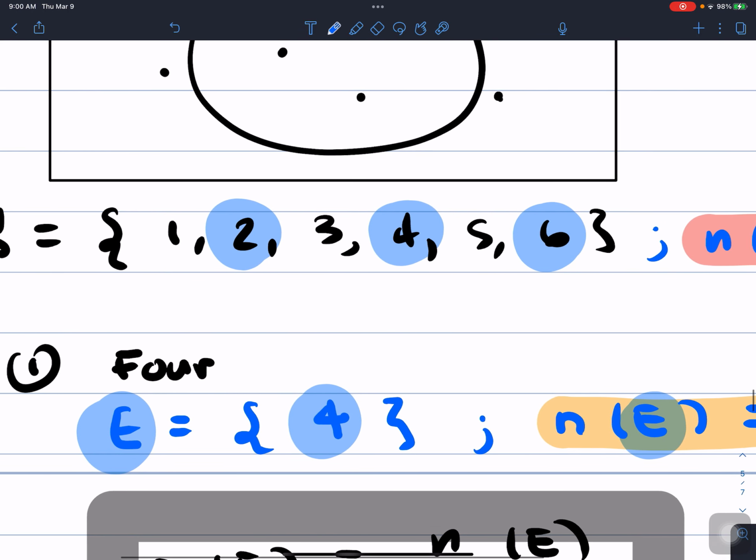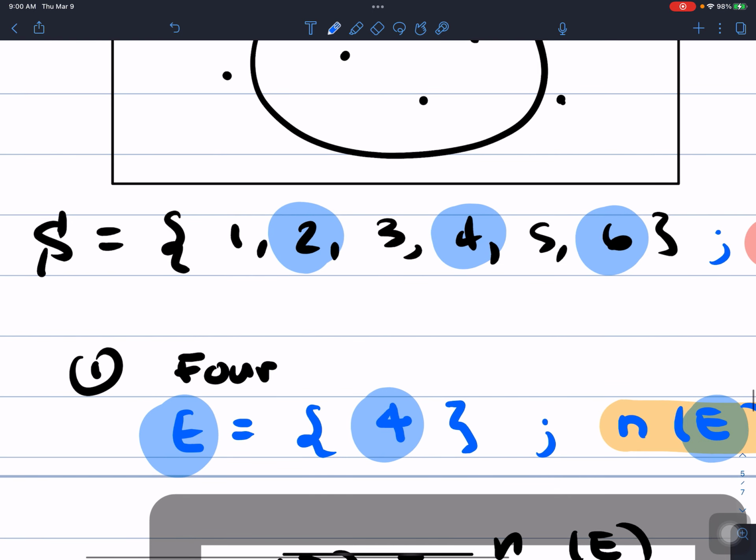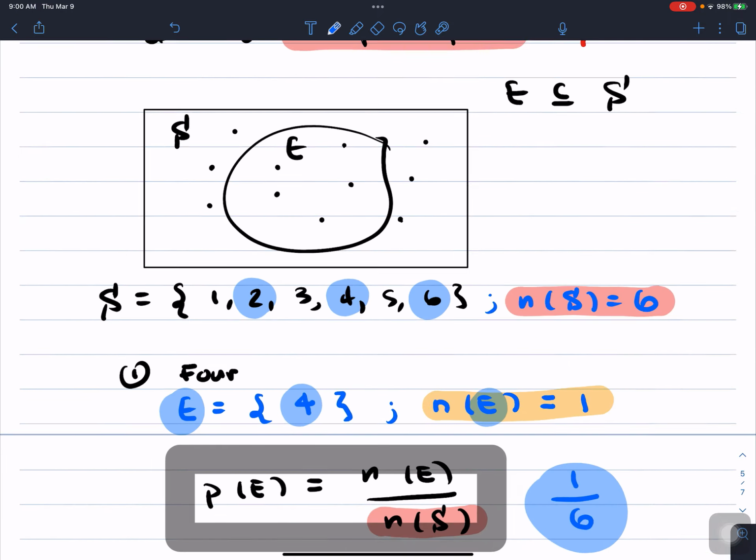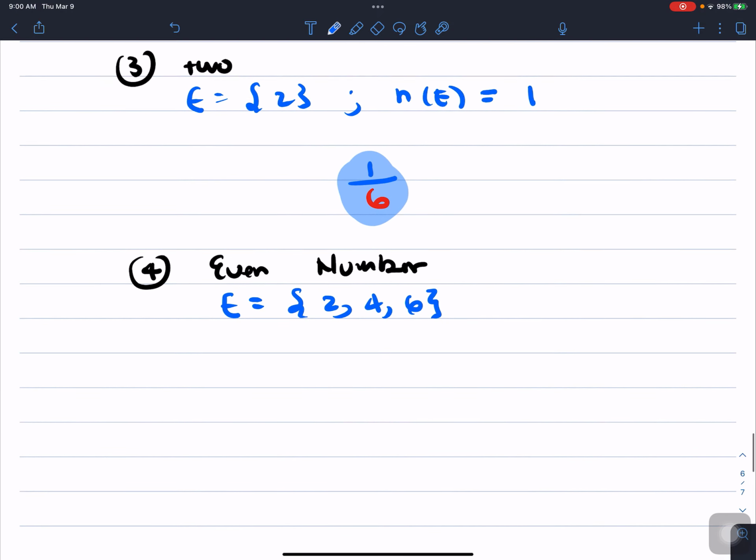The sample space. These are the only even numbers. 2, 4, 6. Okay, you guys understand that idea? Okay, now, how many outcomes are even? How many outcomes are even, ladies and gentlemen? What's N of E? 3.